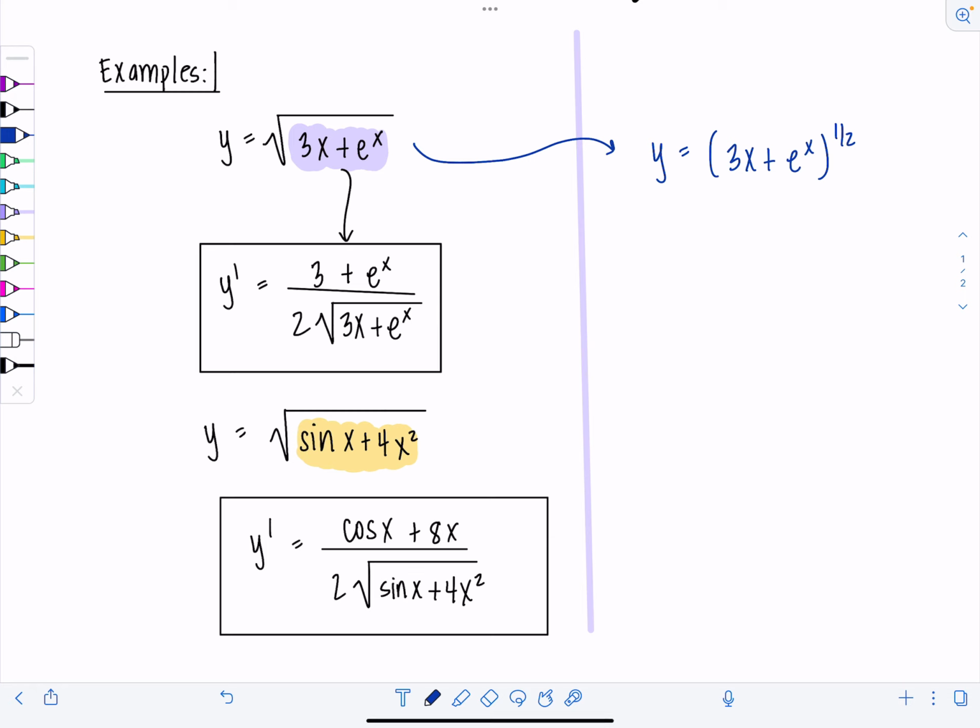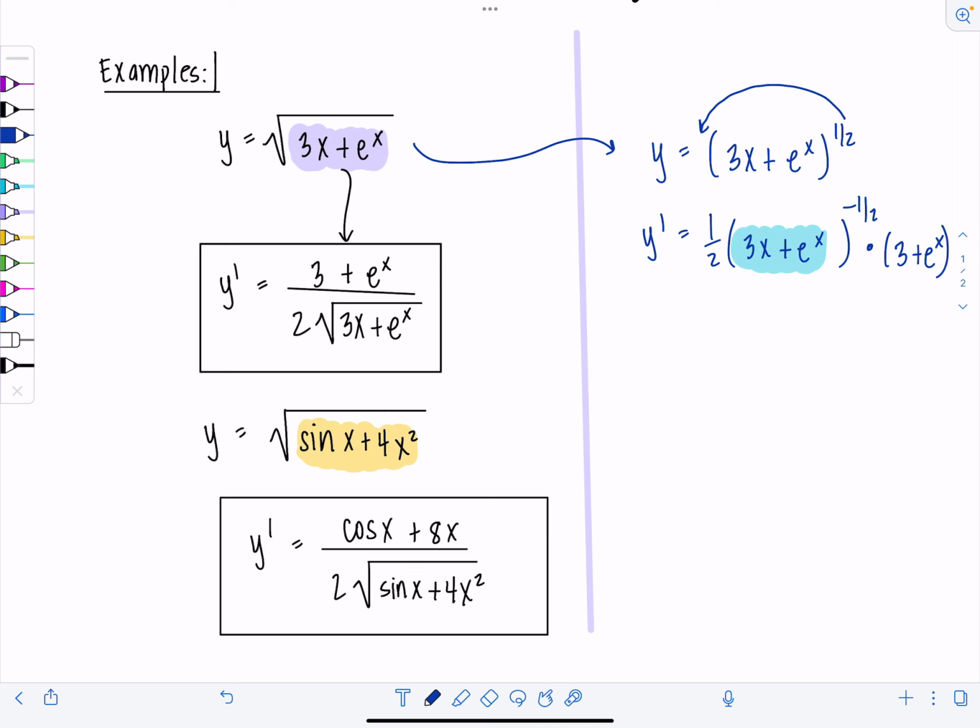And then when we differentiate, we have to use the power rule, so we'd bring 1/2 in the front, leave everything alone inside those parentheses, subtract 1 from the exponent, so we would still have 3x plus e to the x in there, and then I'd have to apply the chain rule and multiply by the derivative of 3x plus e to the x, and that would be 3 plus e to the x.